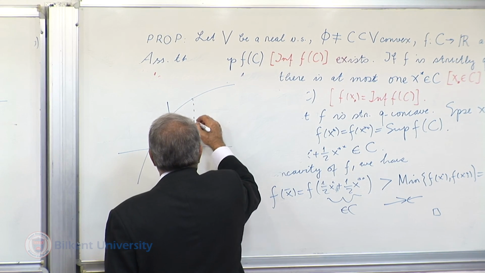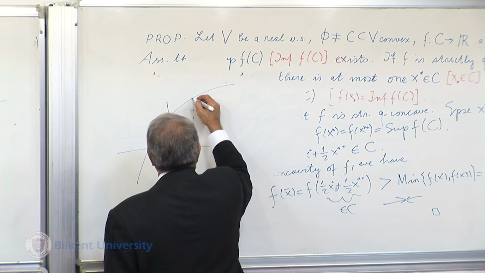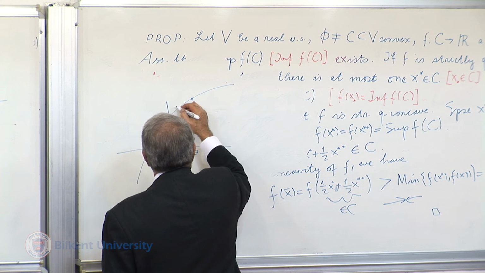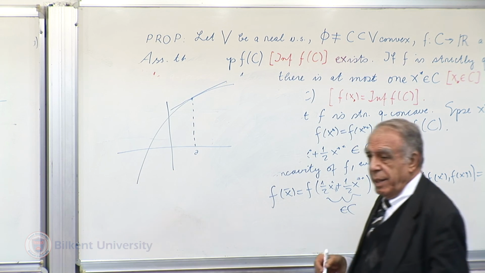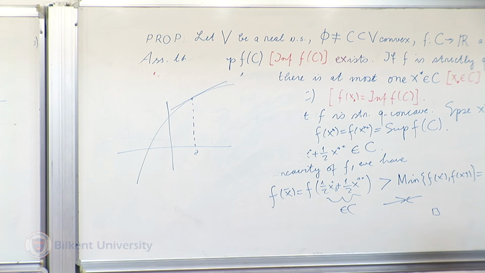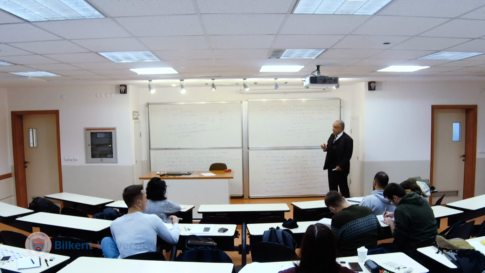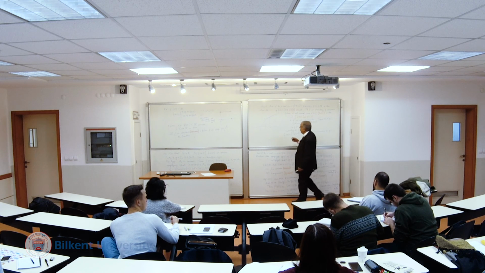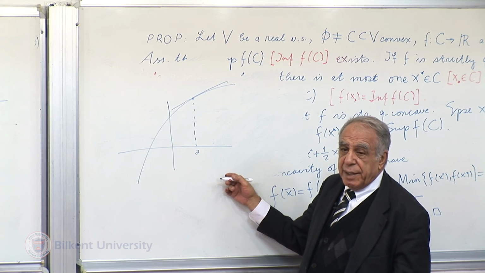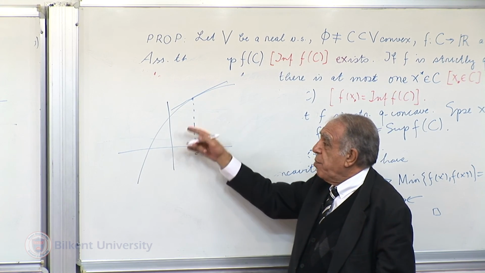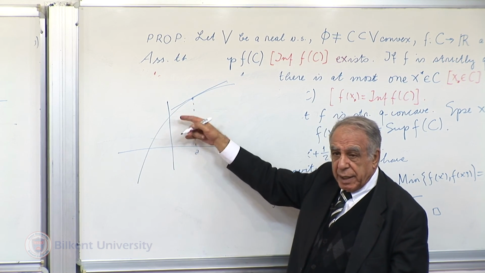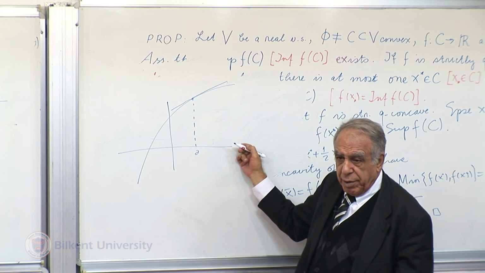You take any point A, you find the graph, this is f of A, then you draw the tangent line. The tangent line should stay above the graph everywhere. But that also requires differentiability of this function at each point, because we require that this happens at each point.